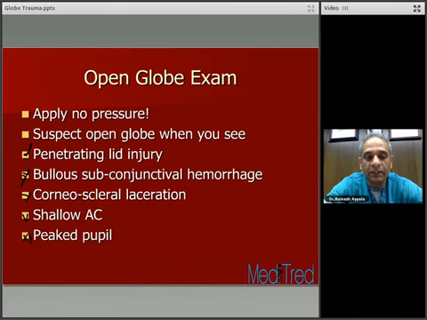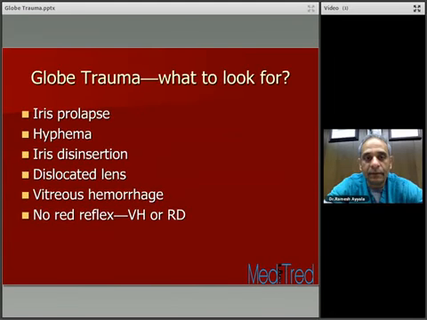Any one of these signs, if you see them, suspect open globe and tread carefully. So globe trauma, what to look for? You want to look for iris prolapse, hyphema, iris disinsertion, dislocated lens, vitreous hemorrhage, and when there's no red reflex, think of vitreous hemorrhage or detached retina.